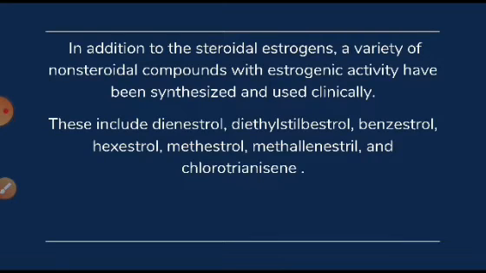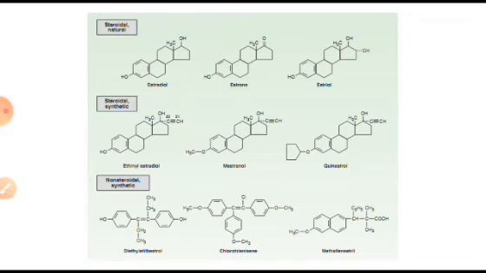In addition to the steroidal estrogens, a variety of non-steroidal compounds with estrogenic activity have been synthesized and used clinically. These include dienestrol, diethylstilbestrol, benzestrol, hexestrol, methestrol, methallenestril, and chlorotrianisene. These are some structures of the steroidal, synthetic, natural, and non-steroidal estrogens.